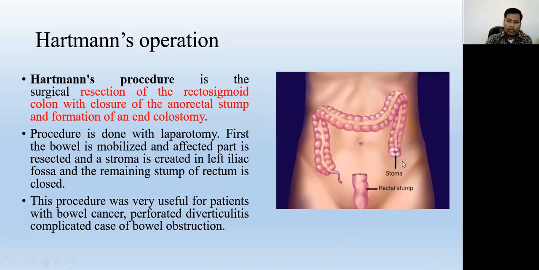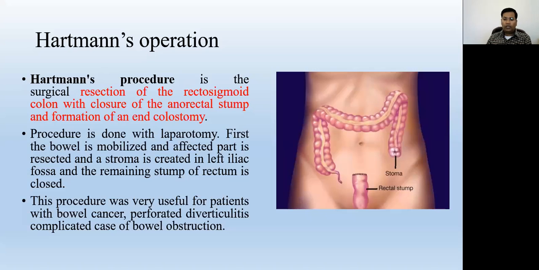And the third thing, create a colostomy, which means creating a stoma in the abdominal wall and opening part of the colon outside through the colostomy. So there are three important things in the Hartmann's procedure: resection of the rectosigmoid part of the colon, closing of the anorectal stump, and third, creating an end colostomy.